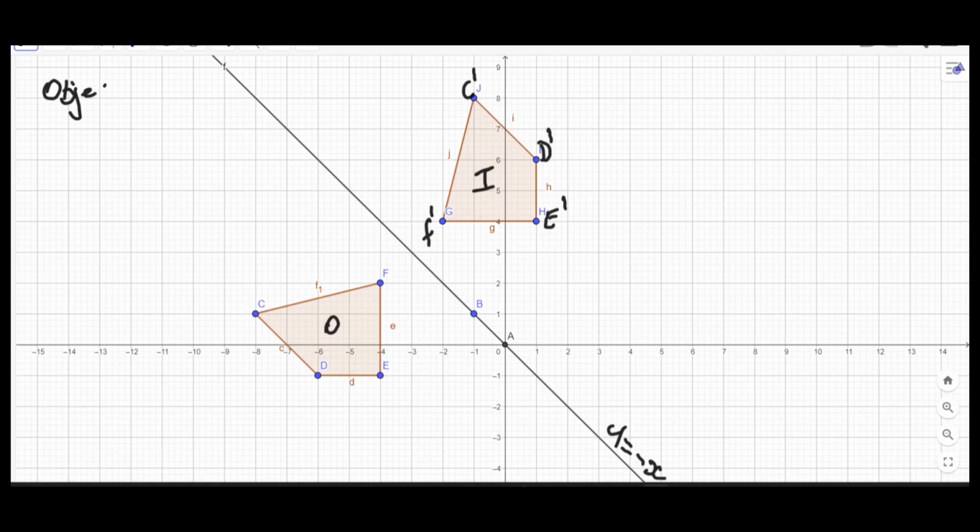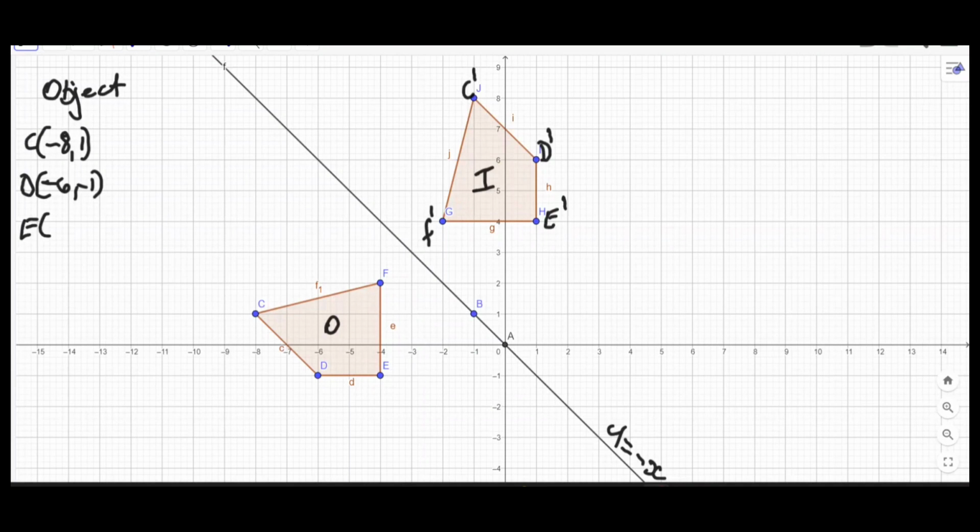So here's the object. I have C, which was -8, 1. I have D, and D was -6, -1.